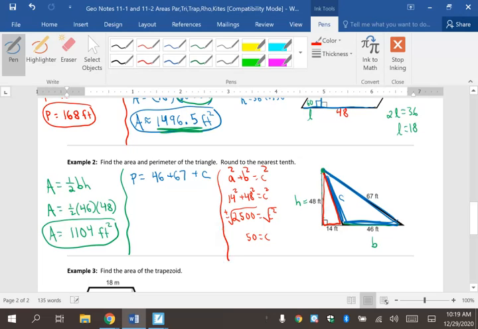Okay, so we had to do that in order to finish this problem. So the perimeter is 46 plus 67 plus 50. So 50 is the side of C. So 46 plus 67 plus 50, answer is 163. Make sure you put units, and that would be feet.